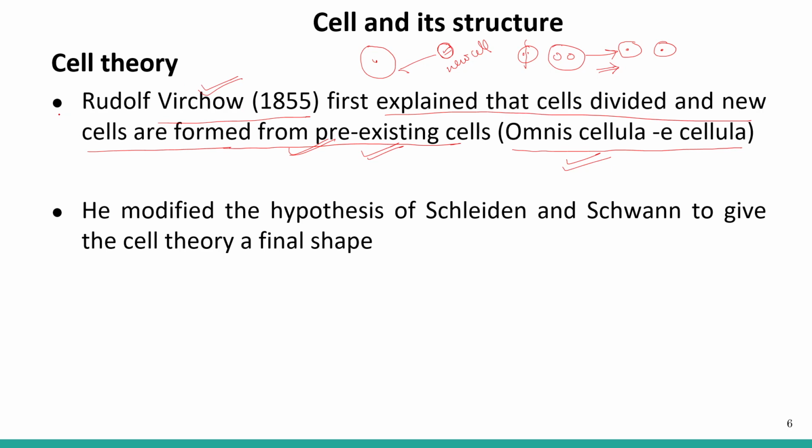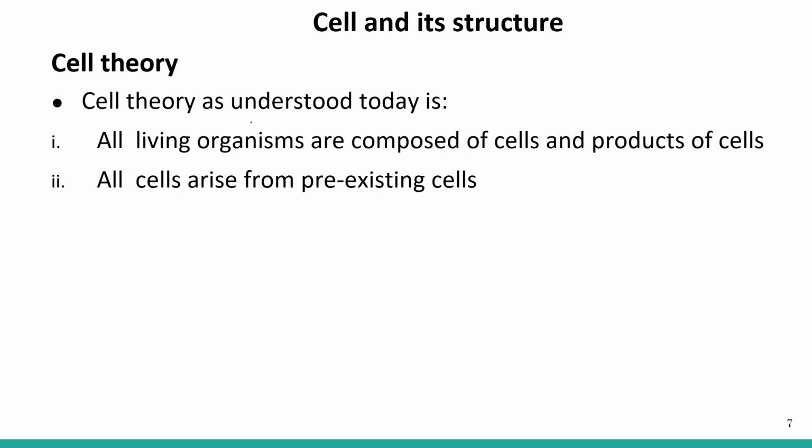So this particular point is very, very important. He modified the hypothesis of Schleiden and Schwann to give the cell theory its final shape. Earlier, Schleiden and Schwann gave this cell theory, but later Rudolf Virchow modified the hypothesis. So the cell theory as understood today is: all living organisms are composed of cells, right?